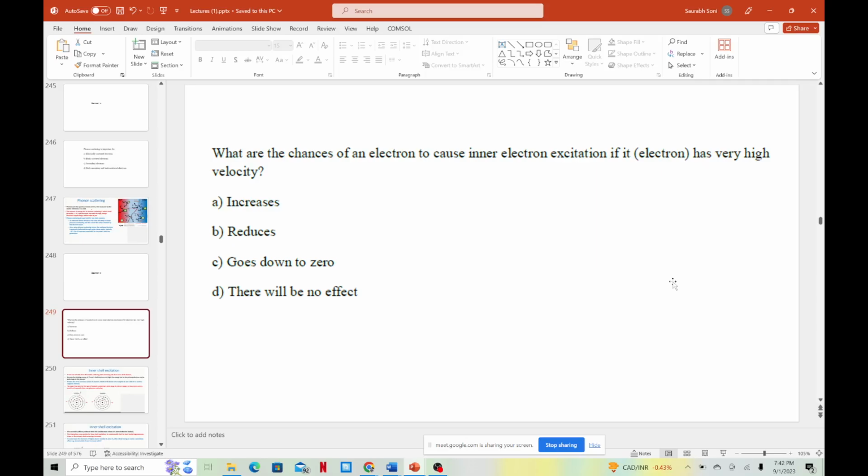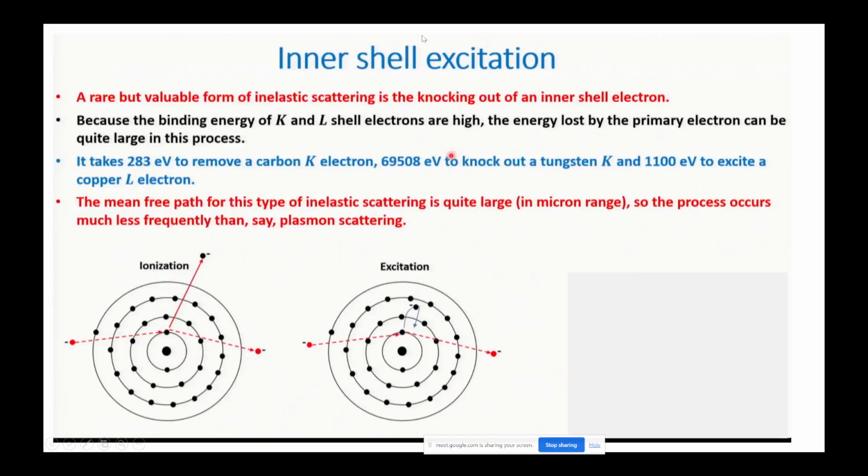So when the velocity is high, then the chances of the electron are definitely high.